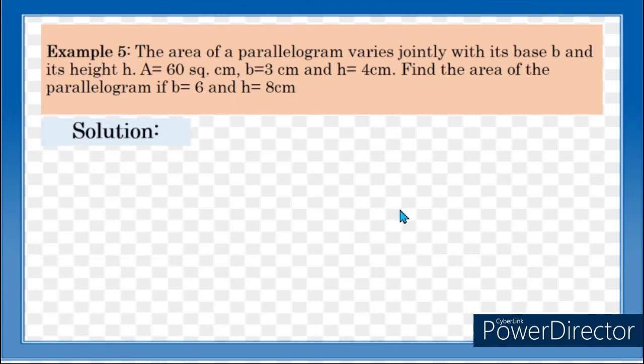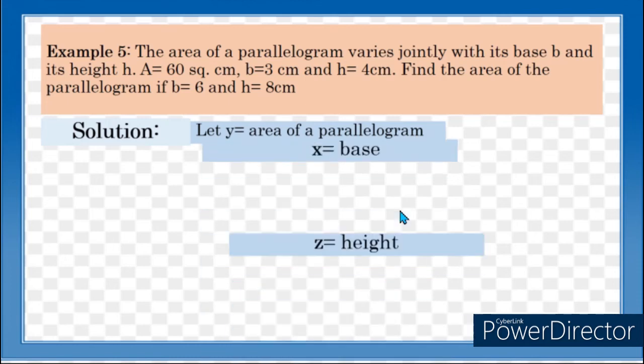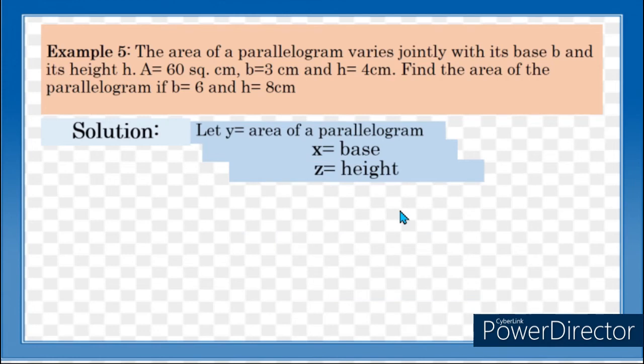Okay, first is, let y be the value of the area of a parallelogram, and x be the value of the base, and z be the value of the height.